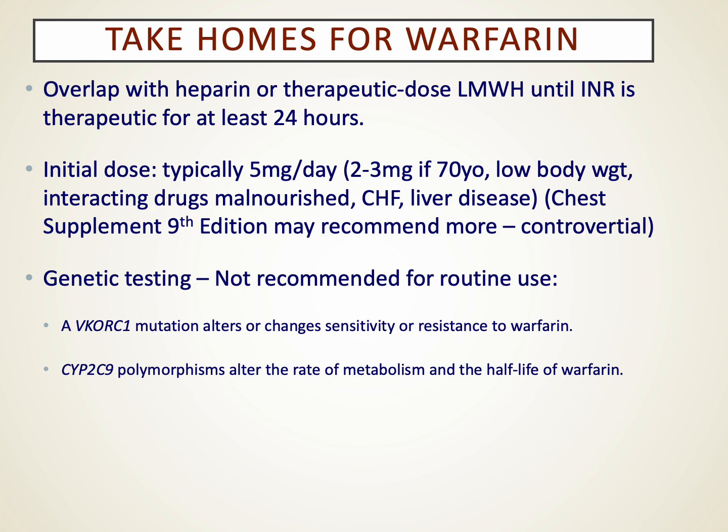We'll start with 5 a day on many patients, but if they're older or on interacting drugs, typically we'll look at lower doses of 2 or 3 milligrams. And we thought maybe a decade ago some of the newer available genetic testing at that time would help, but clinically we don't do that, and no authoritative body recommends these genetic tests, because if you just monitor the response to the INR, you can tell what's going on for patients.